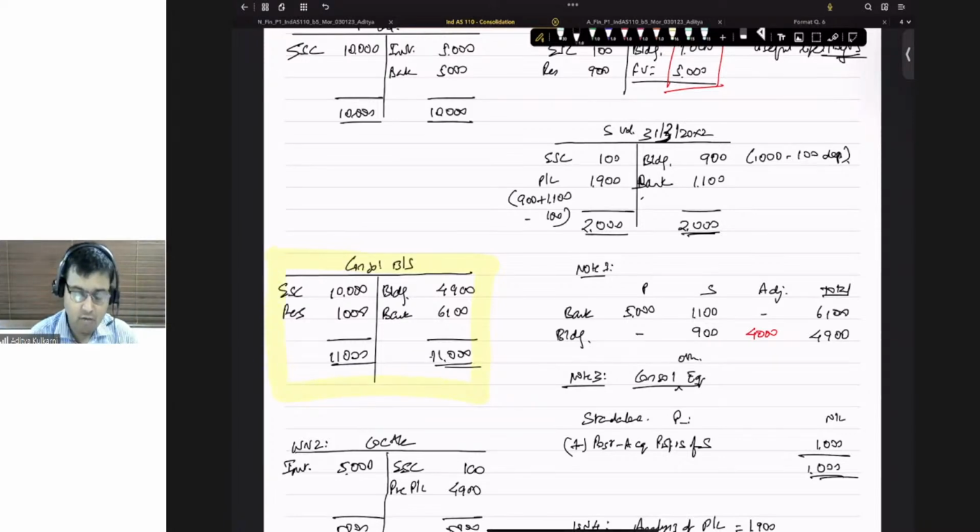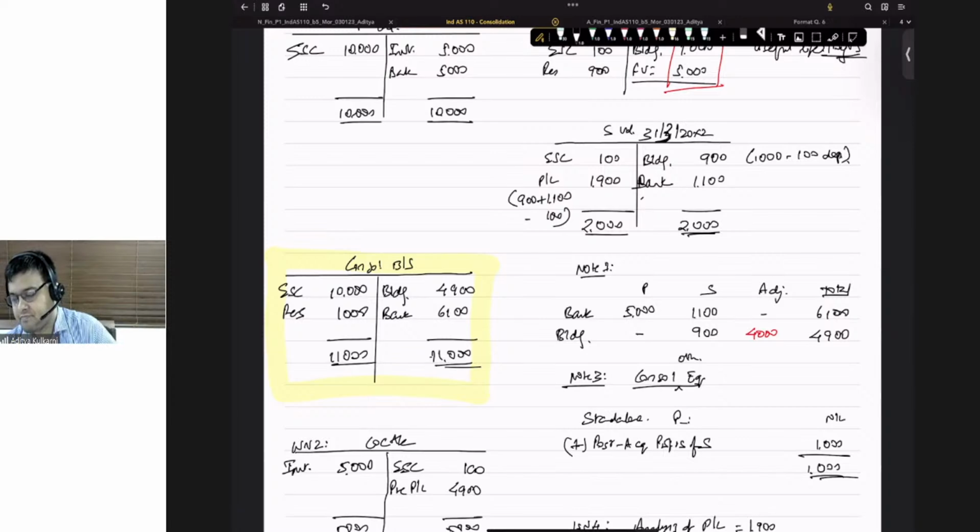Okay. So now, is this clear so far? Is this clear? Have you understood? Any issue? The next question is, is there any issue with this balance sheet, or do you think that it is correct?